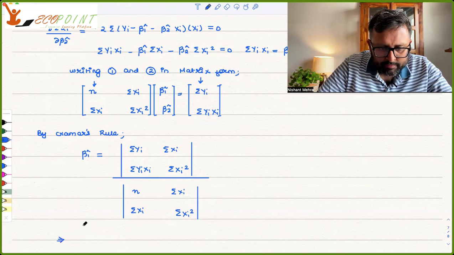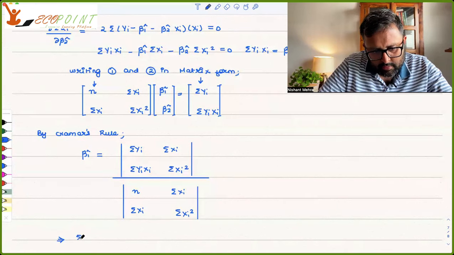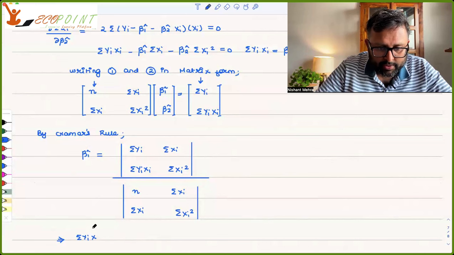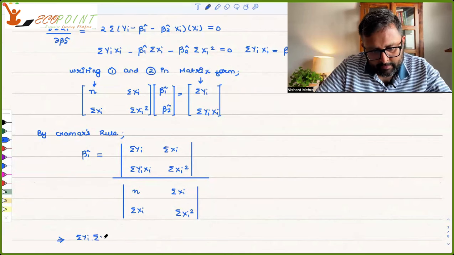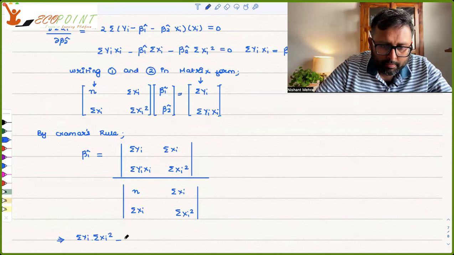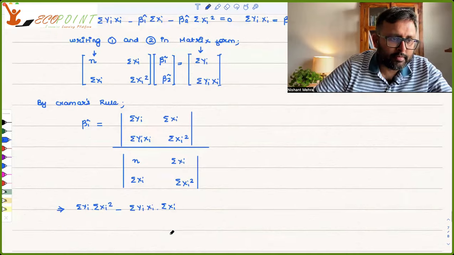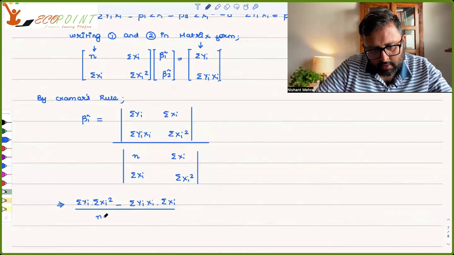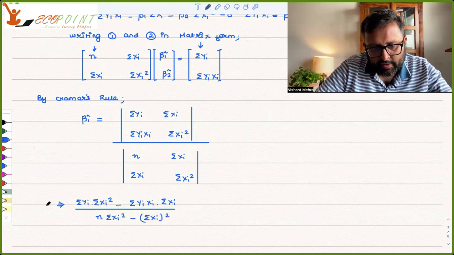So we'll just calculate this. It becomes summation of yi times summation of xi square, minus summation of yi xi into summation of xi, whole upon n summation of xi square minus summation of xi whole square.